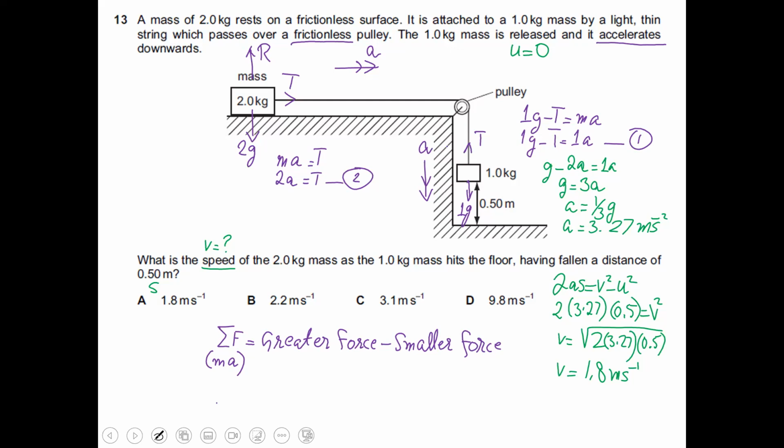So everyone copy it. Let me know once you all have copied it. This is the concept of resultant force for connected objects.